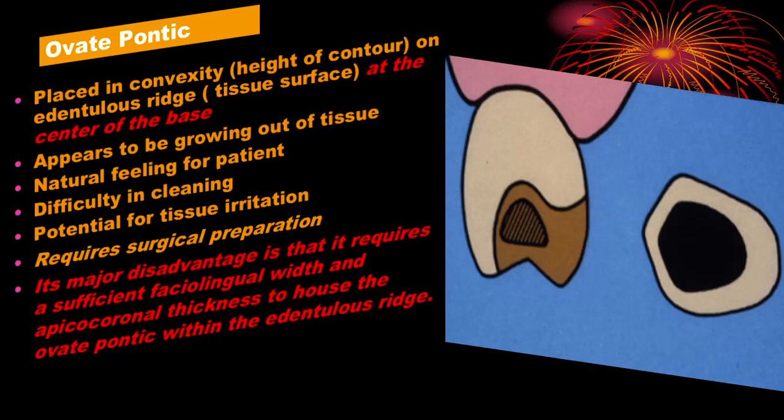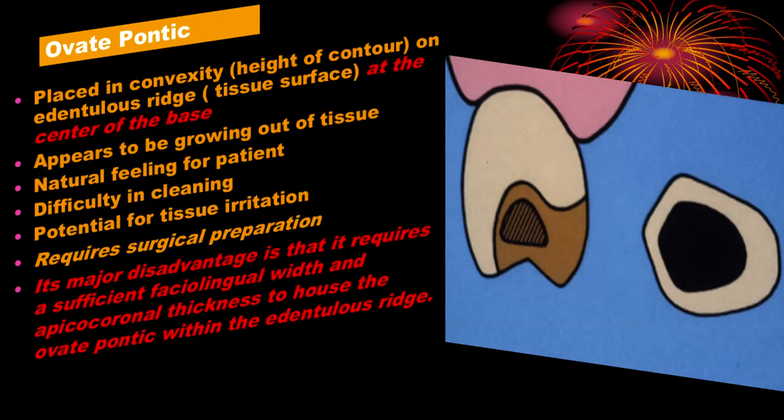Okay, هذا ovate. هذا center of convexity height of contour of tissue surface ونخليه بالcenter of the ridge حتى يعطينا شكل growing، كأنه tooth growing from out of the tissue. Natural feeling for patient, difficulty in cleaning, potential for tissue rotation, requires surgical preparation.